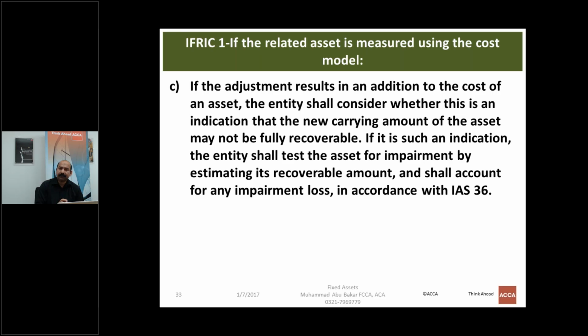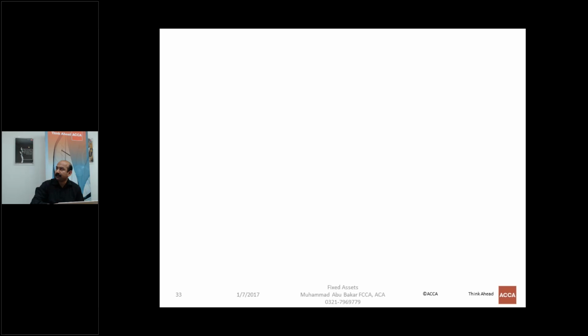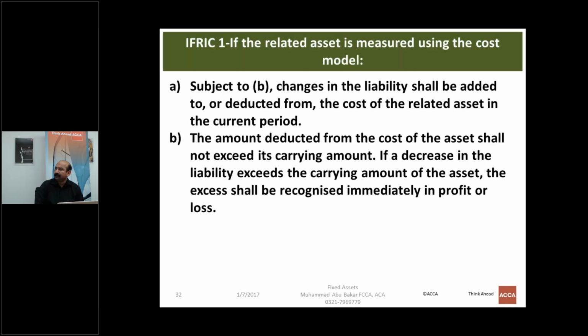You can calculate its recoverable amount, and if there is an impairment, you can treat that asset in accordance with International Accounting Standard 36. Let me go back to the previous slide. If I just repeat, changes in the restoration and dismantling liability shall be added to or deducted from the cost of the related asset in the current period.